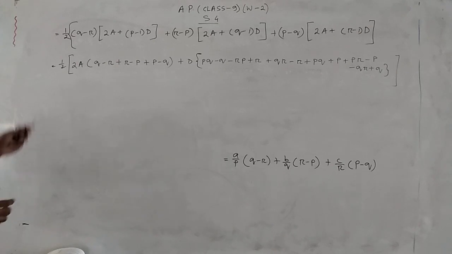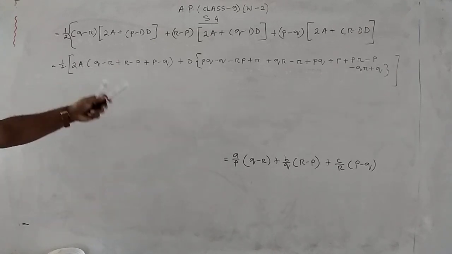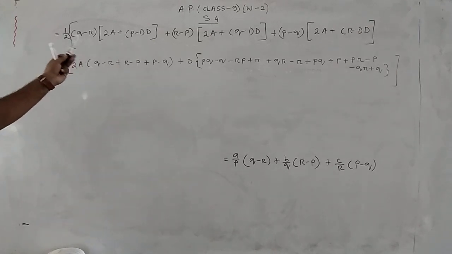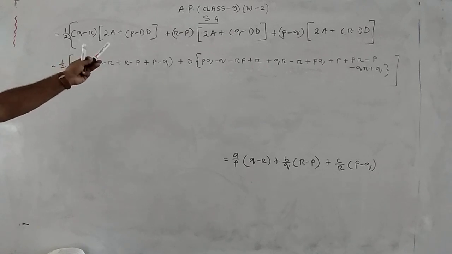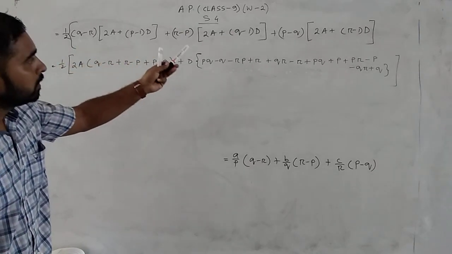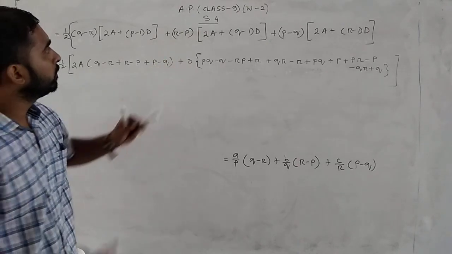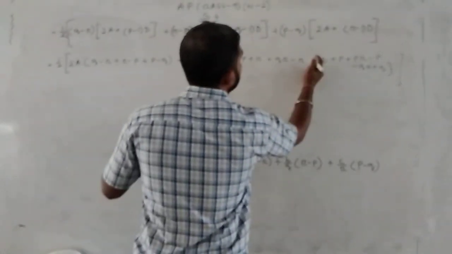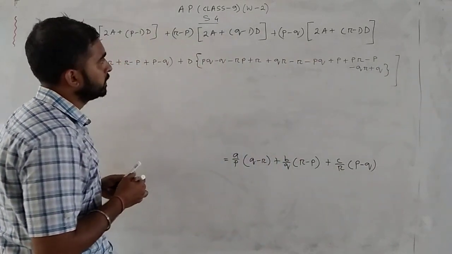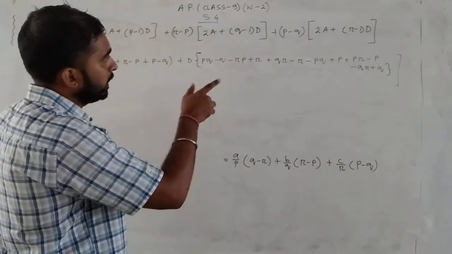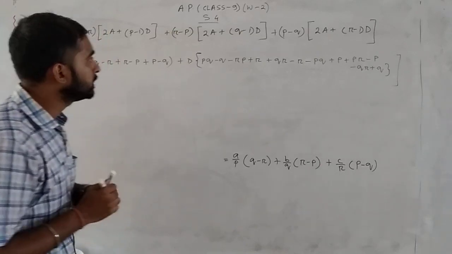Okay, let me check. Q minus R plus R minus P plus P minus Q, then PQ minus Q minus PR plus R, then QR minus R minus PQ plus P, then PR minus P minus QR plus Q.